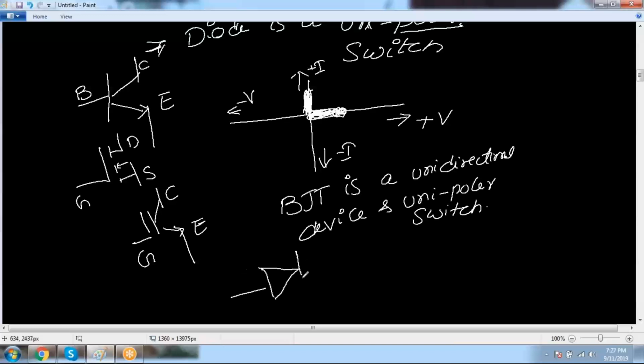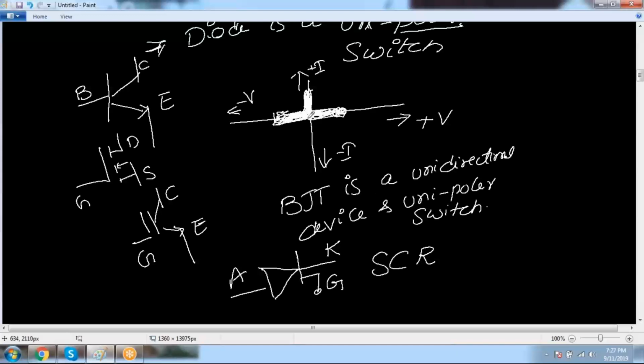This is a very popular device. Every power electronics engineer will know about this. Anode, cathode, gate. What is this? SCR. Now, if I'm drawing ideal VI characteristics in the next classes, the characteristics are like this.